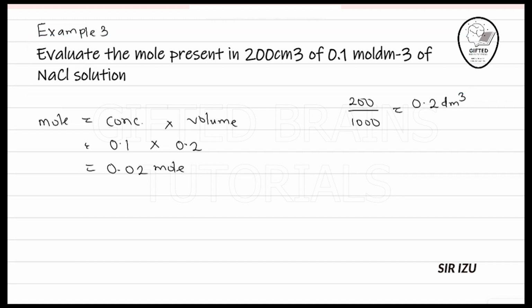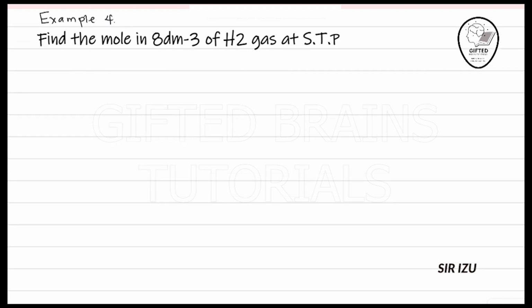Example 4. Find the mole in 8 dm cube. So this is 8 dm cube, not 8 per dm cube, of hydrogen gas at STP. To evaluate this, since it's a gas at STP, mole is given as the volume over 22.4, which is the molar gas constant.